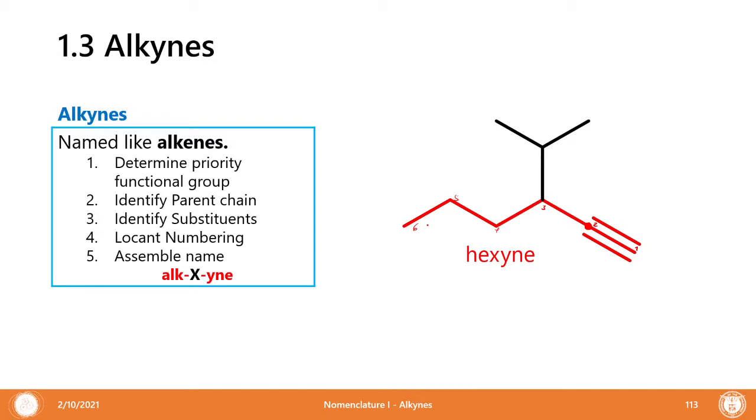Okay, we determine the substituent. We have an isopropyl group. I'll be using it just to be a bit shorter. So we use the isopropyl group, and then we start numbering. We imagine that the isopropyl is not there, and so we start numbering closest to the alkyne. 1, 2, 3, 4, 5, and 6. Then we only take a look at that which is necessary. So isopropyl and then hexyne.